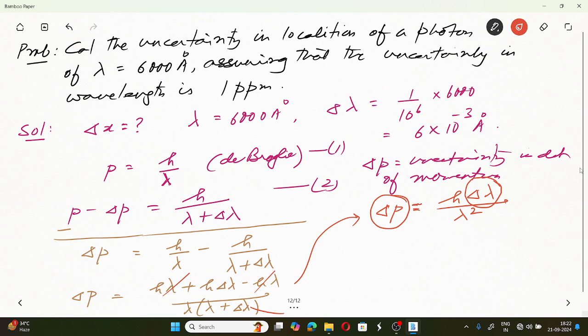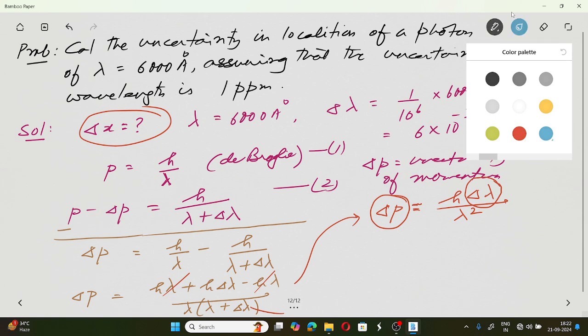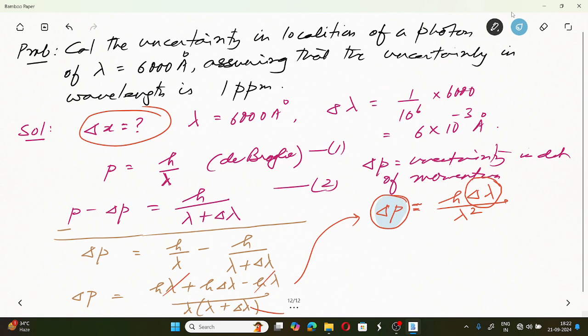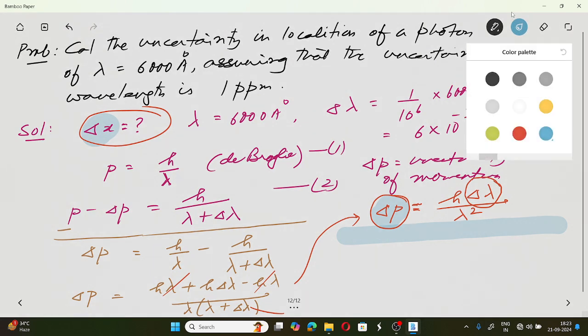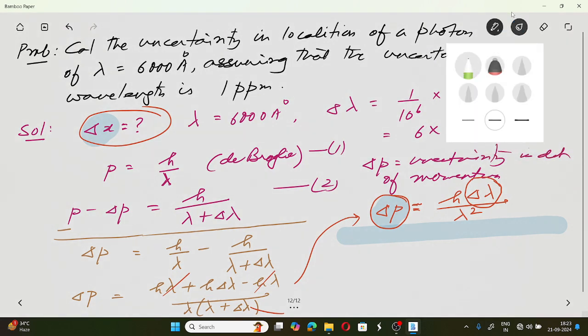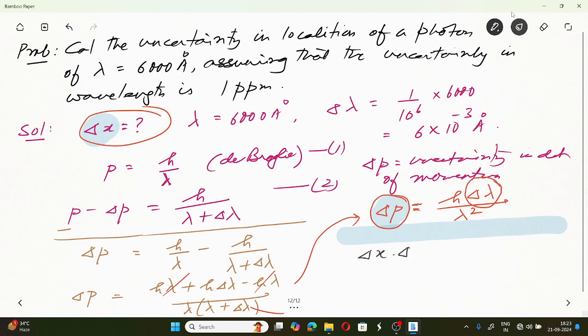Now you are asked to find the uncertainty in position, and I found out the uncertainty in momentum because you can combine these two. Using the uncertainty principle once again, we know that delta x into delta px is greater than or equal to h by 4 pi.